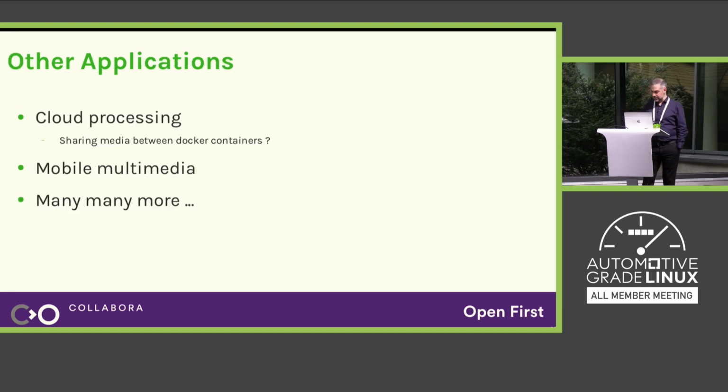Other applications that can use this: some interesting example that I've thought of is cloud processing as well. So imagine that you have a server that needs to process a lot of user-generated content that comes from the network. So your cameras send data to a cloud service, or it may not be cameras, maybe something else.